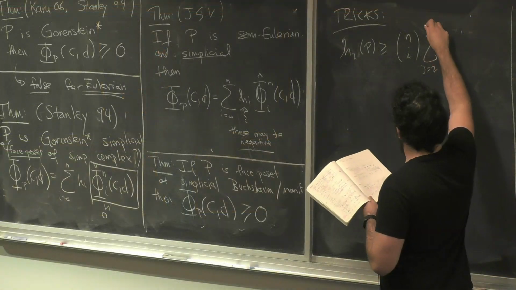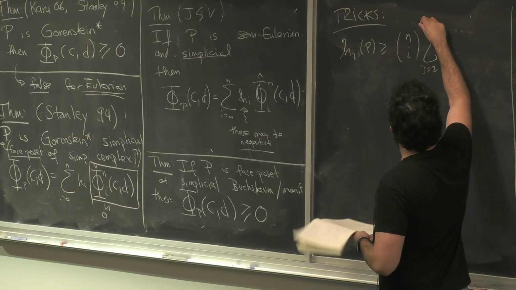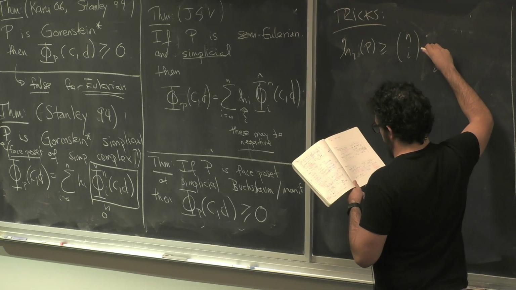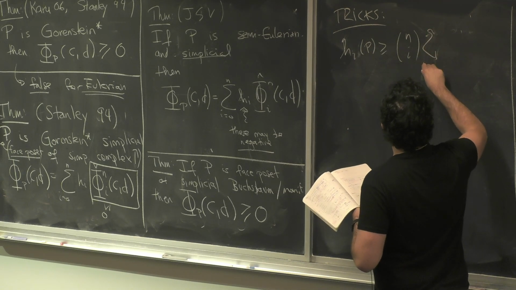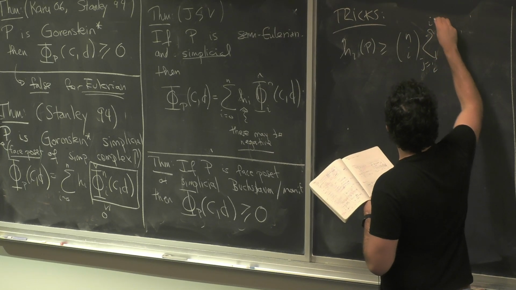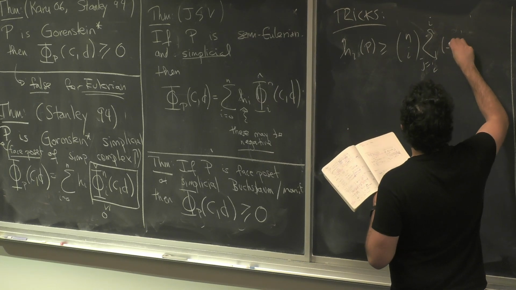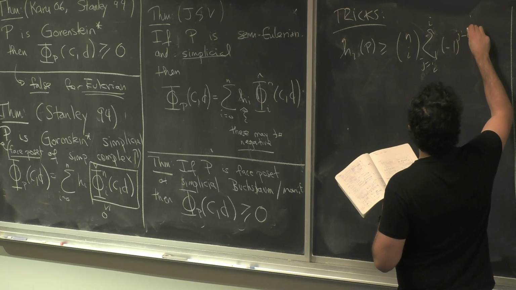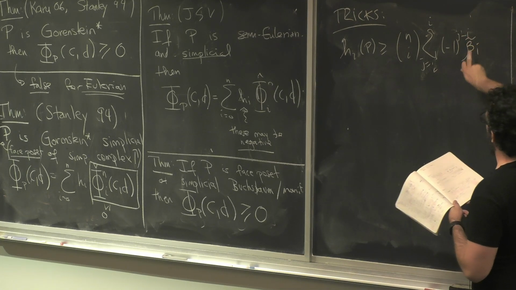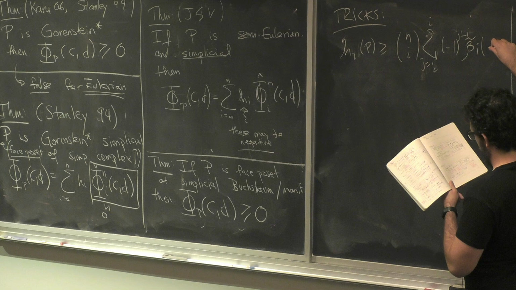from j equals 1 all the way to i. And this is not particularly important, but j minus i. I'm going to look at the Betti numbers in homology of this thing.